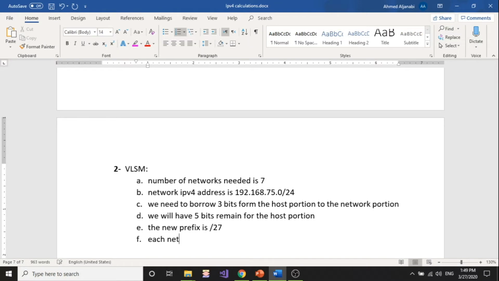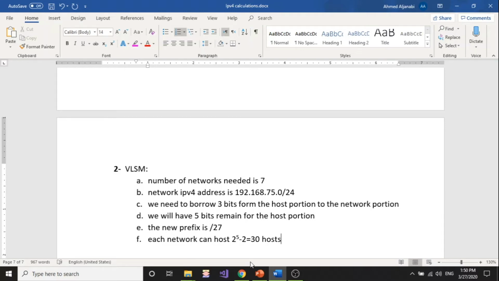Well, each network can host 2 to the power of 5 minus 2. 2 to the power of 5 is 32, minus 2, that's 30 hosts. So based on the analysis I just showed you, each network will be able to host 30 different devices.